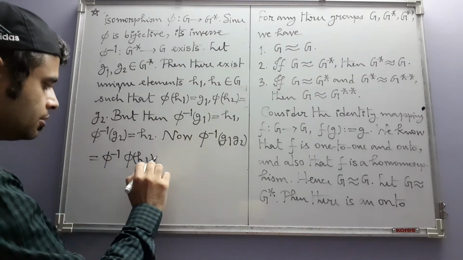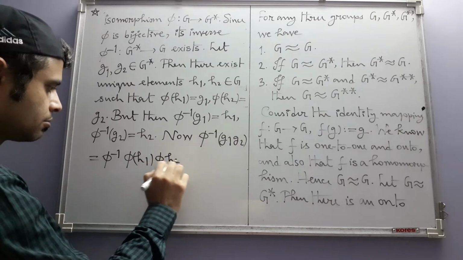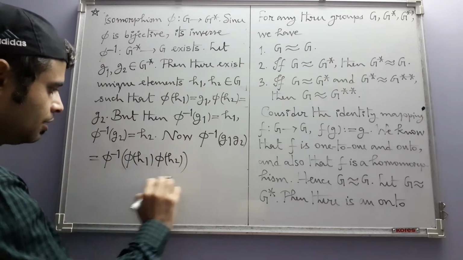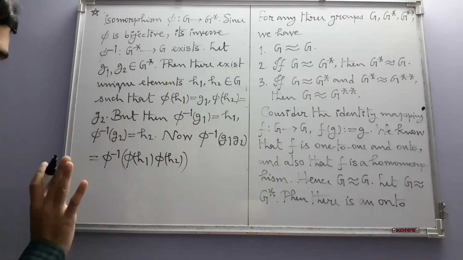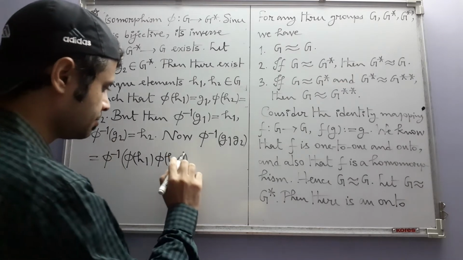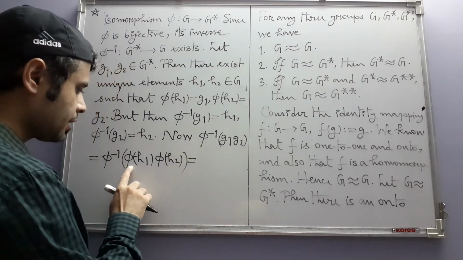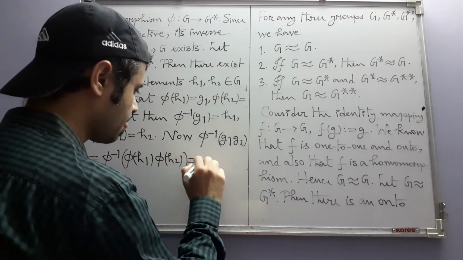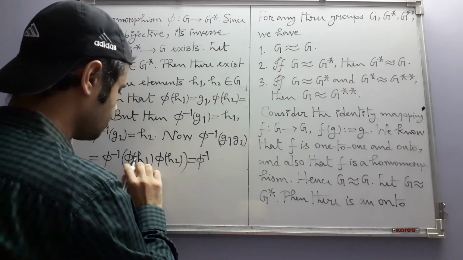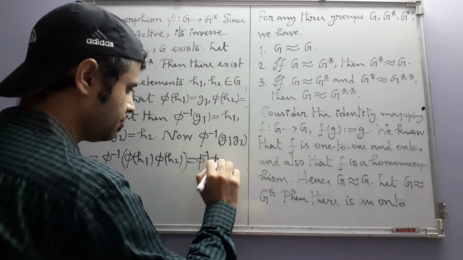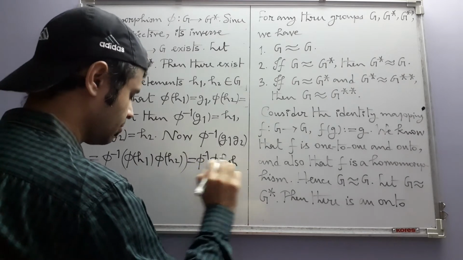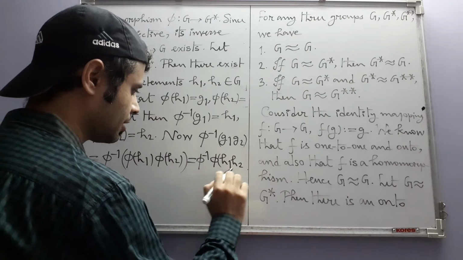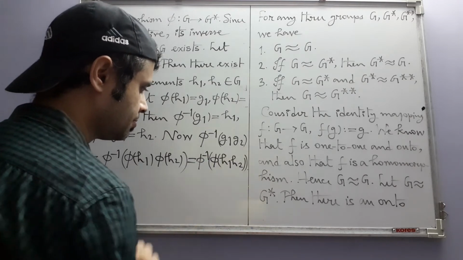Like that, G2 is phi of H2. Inverse is there outside, let's just keep it like that. Now inside, because phi itself is a homomorphism, phi of H1 phi of H2 will be phi of H1 H2.